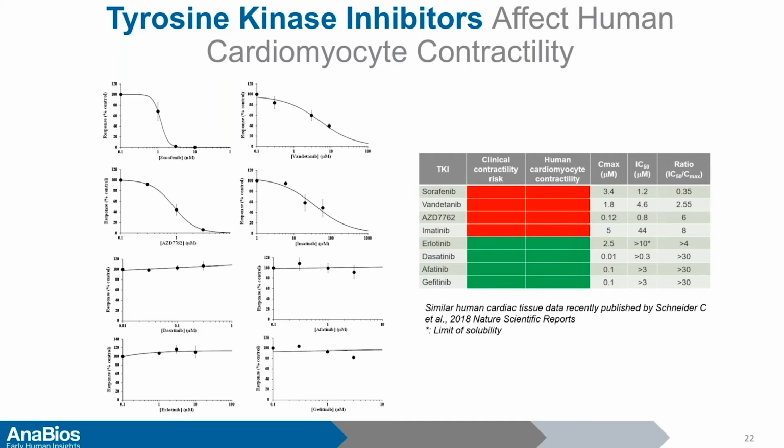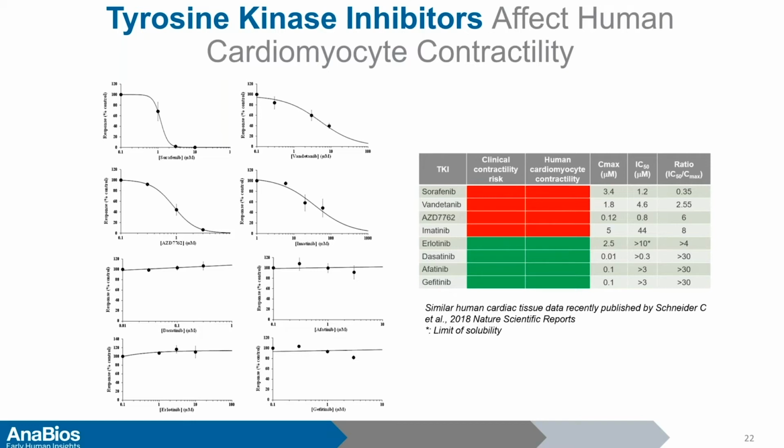Most importantly, the data in this paper suggest that there is no need for any cardiac remodeling to demonstrate the ability of sorafenib to induce negative inotropy. As you can see from this slide, our data are in 100% agreement with this published data and confirm the ability of the adult human primary cardiomyocyte to predict the negative inotropic potential of cancer agents.